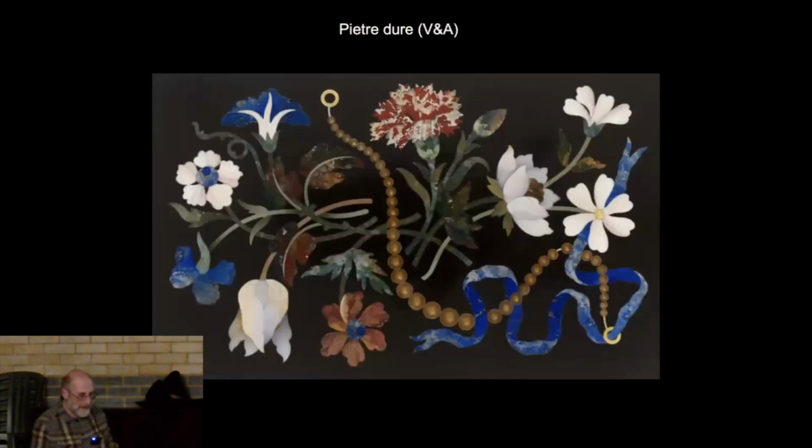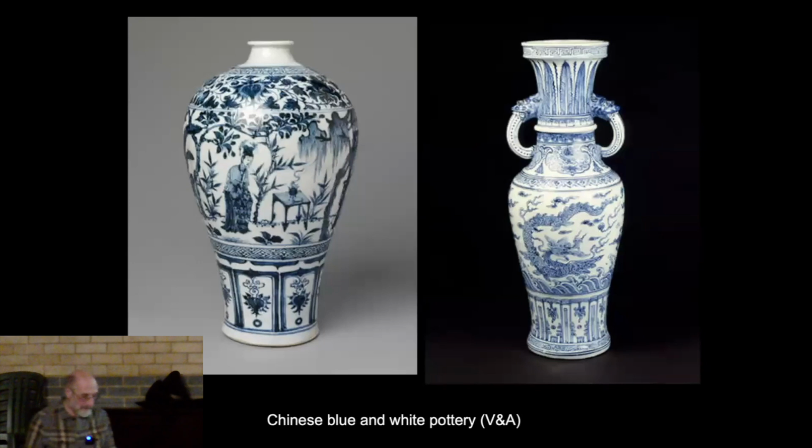And then there's the enormous diversity of the precious and semi-precious stones that were used to produce beautiful effects seen in tabletops and panels of pietra dure. Hard stones carved into shapes and inlaid into a solid base and still being produced today. And then there's also the whole question about the clay mineralogy of pottery and the chromium-based pigments used to produce the famous Chinese blue porcelain.